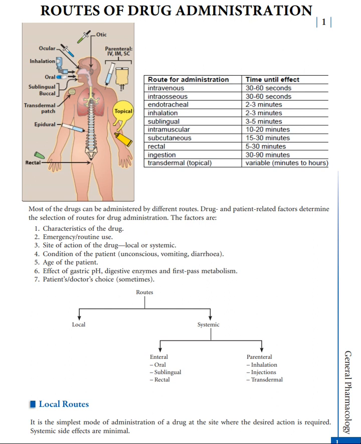Now, as we know, most of the drugs are administered in the human body via different sources or different routes. In this, the drug and patient relationship plays a very important role, and to determine that, we have various factors such as characteristics of the drug, emergency and routine use, site of action of the drug, local or systemic, condition of the patient, whether unconscious, in a conscious state, or having certain side effects such as vomiting, diarrhea.